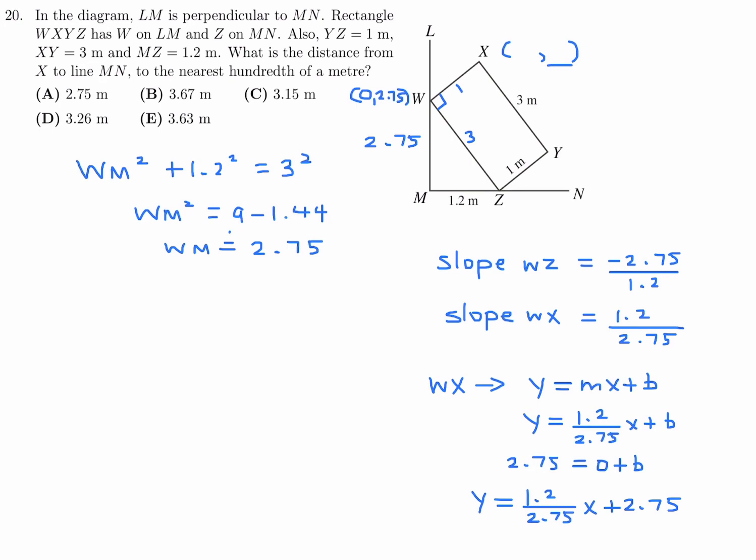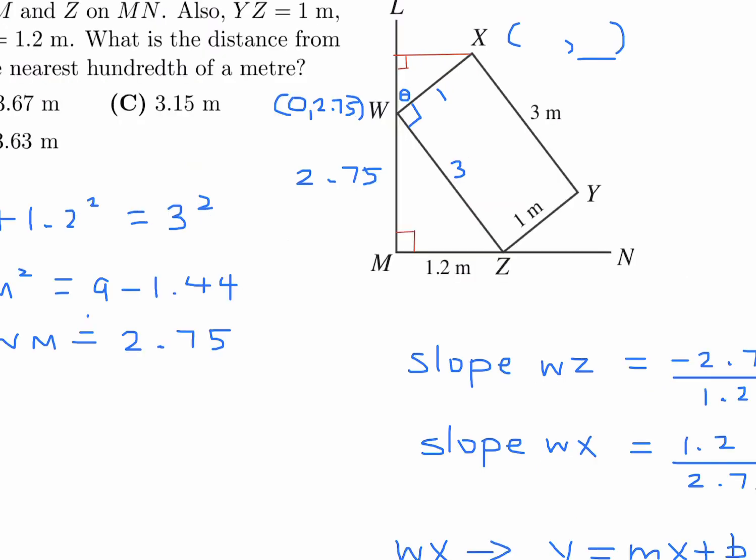I think that we should be able to get it pretty quickly using similar triangles. If you drop a line from there to there and recognize that that is drawn so that it is a right angle, then these angles will all be the same because we've got similar triangles. I'll show you. This guy is a right angle, right? So if this is theta right here, then this angle is 90 minus theta.